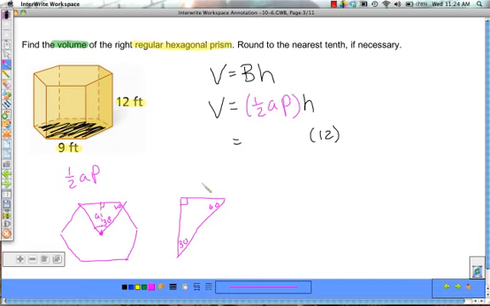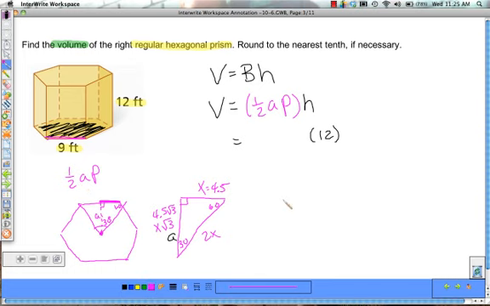Remember, across from the 30 is x, across from the 60 is x root 3, and across from the 90 is 2x. Now we know that if the whole side length is 9, half of it will be 4.5. So that means that this side here is 4.5 square root of 3. This, remember, is our apothem, which is what we need for our area of the base.